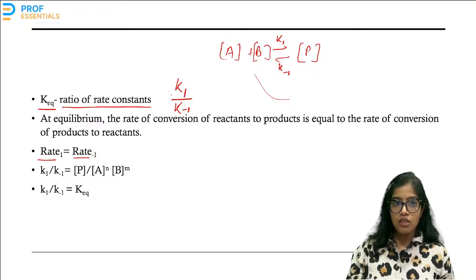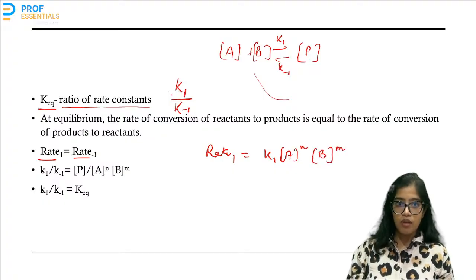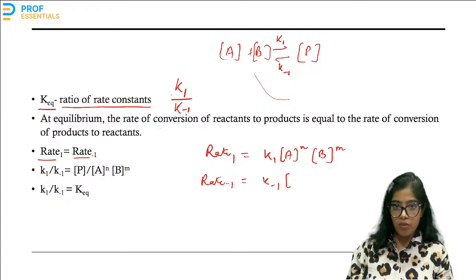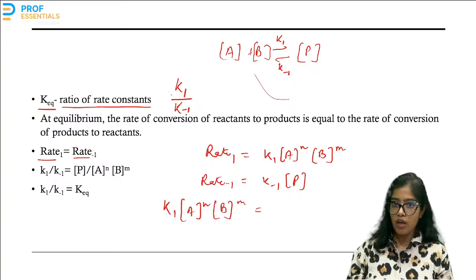So that means what was K1? If you write it like this, rate 1 is equal to K1 into A to the power N and B to the power M. Rate minus 1 is K minus 1 into the concentration of P. Now, when rate 1 is equal to rate minus 1, that means K1 into A to the power N. So all these mathematical equations are going to be very easy if you understand the concept.